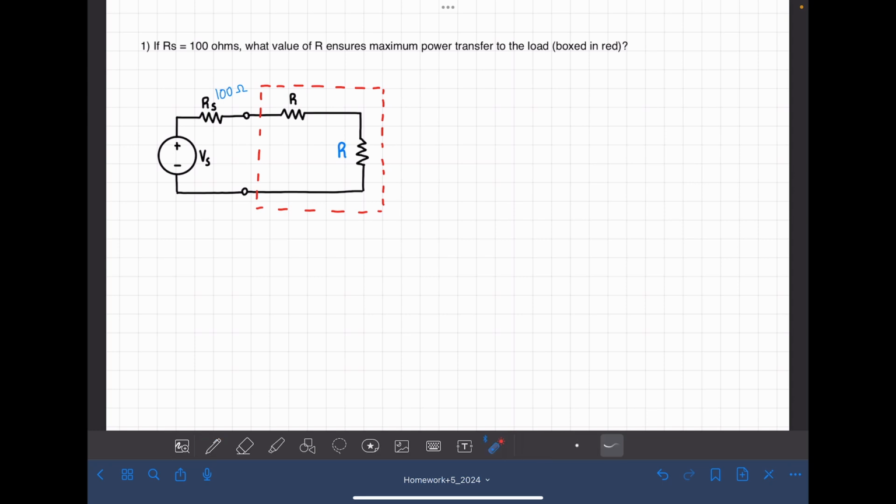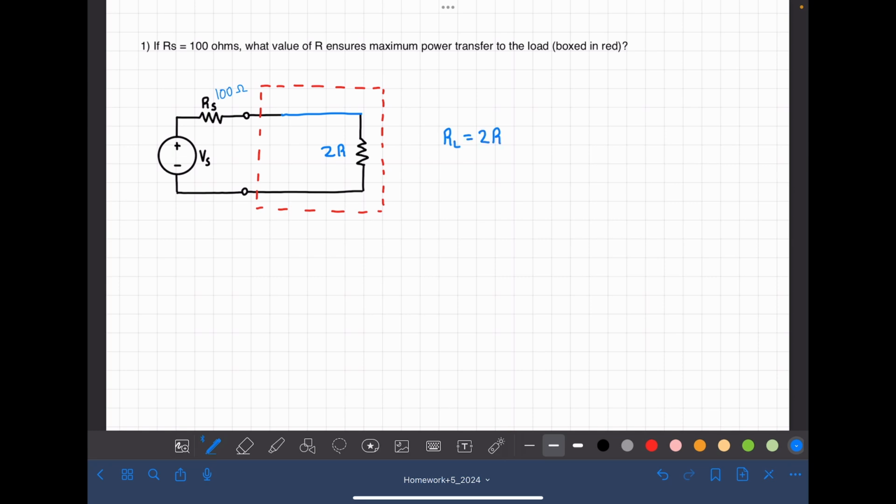Now you'll see that these two are now in series. So we add them together to one resistor. The resulting resistor is just 2R. So this is the equivalent resistance of our load circuit, RL.